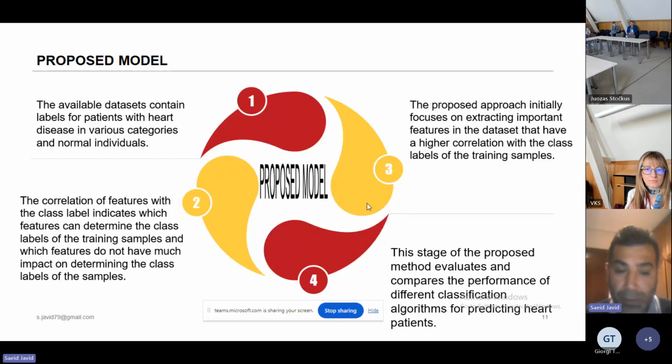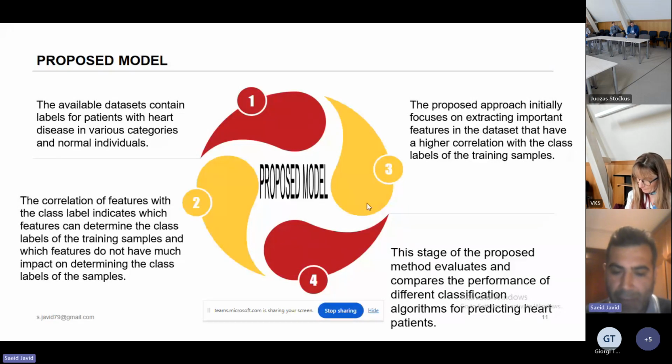Features that do not play a significant role in the patient's condition and cannot be useful for clustering should be removed from the other features. Such features are referred to as not correlated with the class labels.